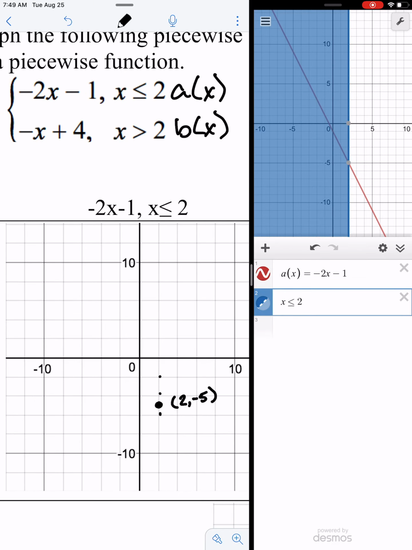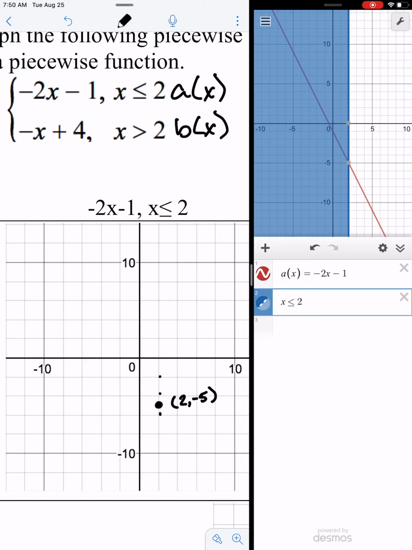And be careful when you do this. I did it without even thinking, but because this 2 is shaded, or I have a less than or equal to sign, or a greater than or equal to sign, whichever one pops up, that's going to allow me to have a shaded dot on this line.